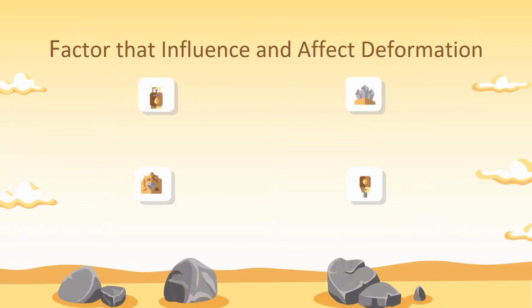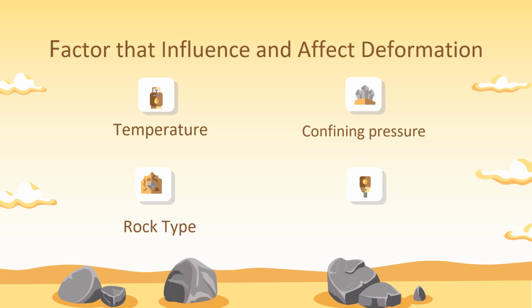These are the factors that influence and affect the deformation: the temperature, confining pressure, rock type, and time. In temperature, at high temperature, deep in Earth's crust or adjacent to a heat source, rocks are nearer their melting points and are therefore weaker and more capable of ductile deformation.